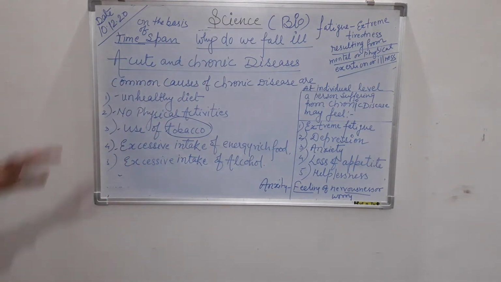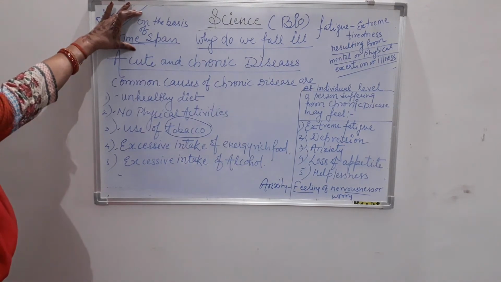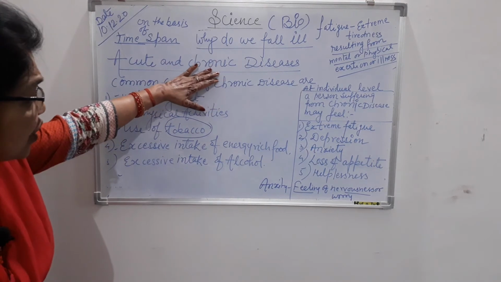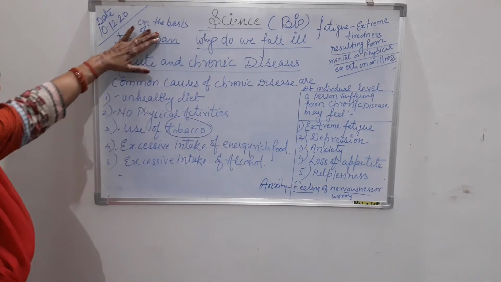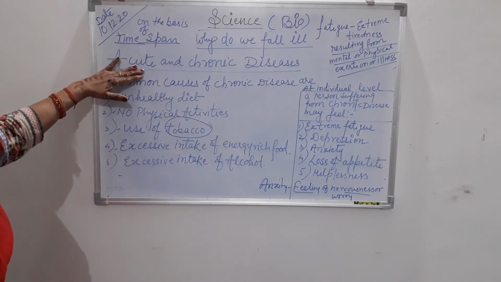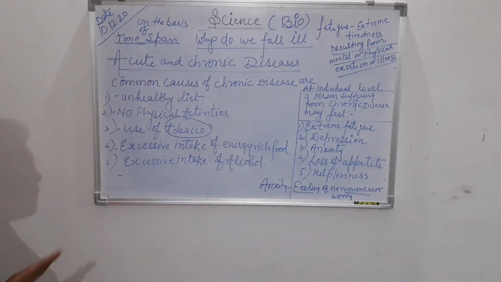So children, here you should understand, acute and chronic diseases are the diseases which are based on time span. Means very short period of time diseases which occur are acute, and for a longer period of time or sometimes lifelong are called what?